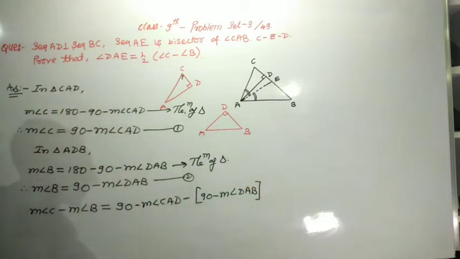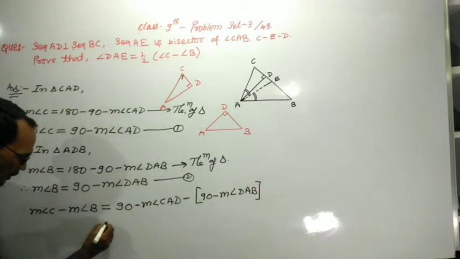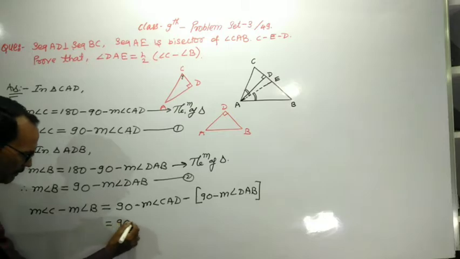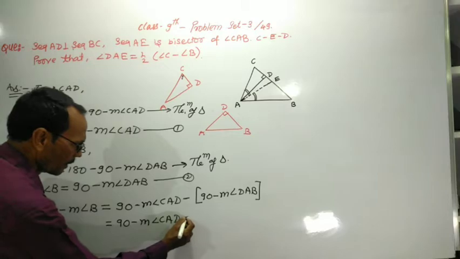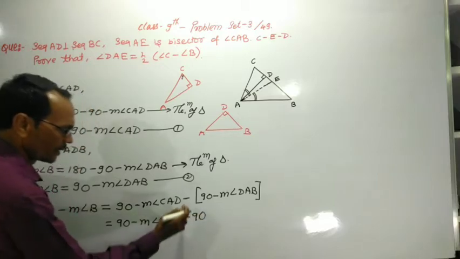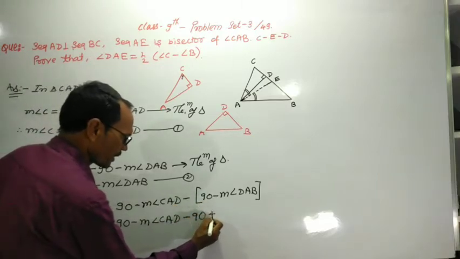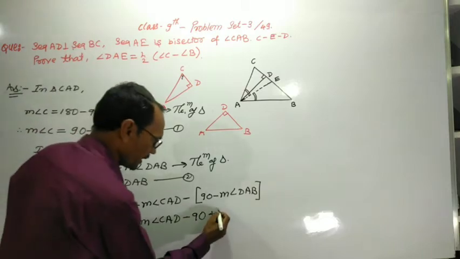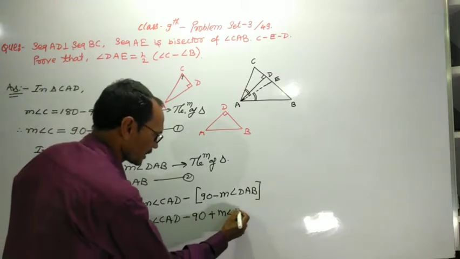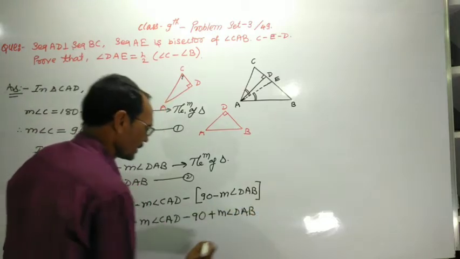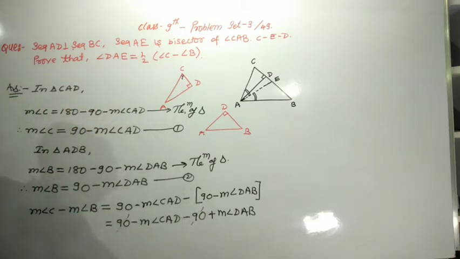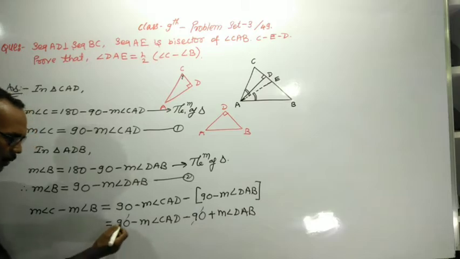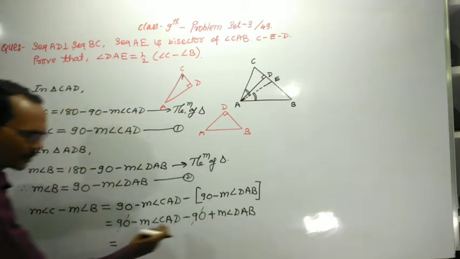Bracket close. Solve this. We get 90 minus measure of angle CAD minus 90, minus into minus became plus measure of angle DAB. Minus 90 plus 90 became equal to 0, the sum of two opposite numbers.